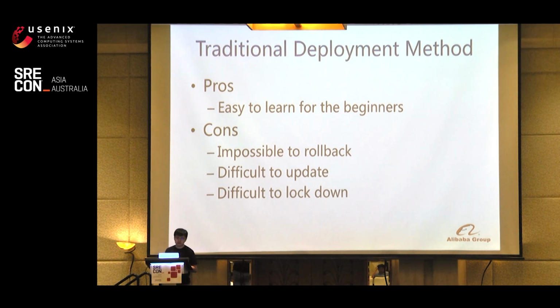And second, it is very difficult to update. Even if we have successfully delivered a data center with this kind of method, it is always very difficult to update it, especially the firmware, like the operating system and the system service, because all these services impact the servers themselves, and so it always impacts the application service on the top.